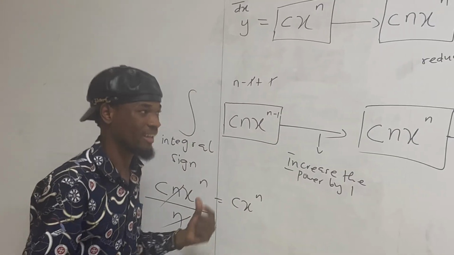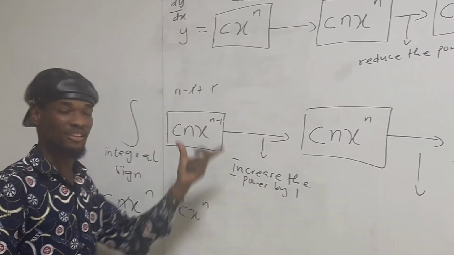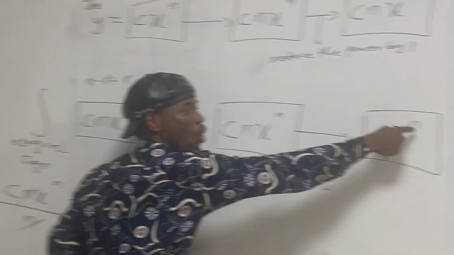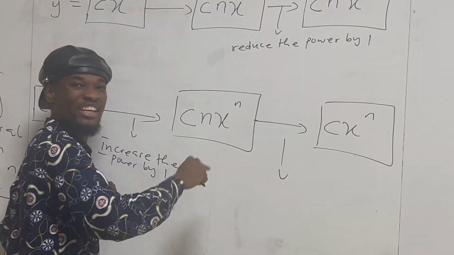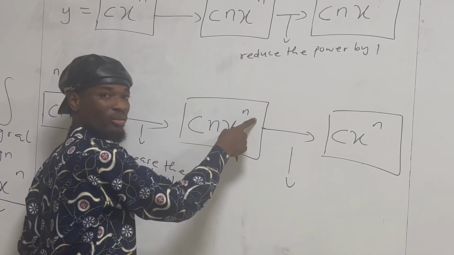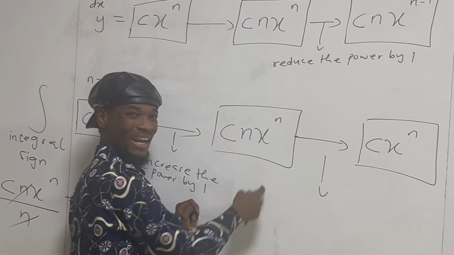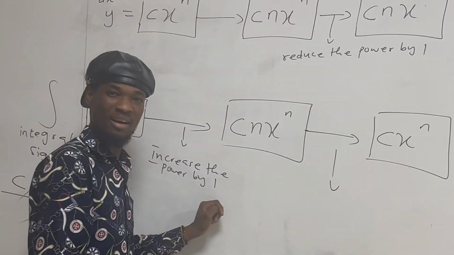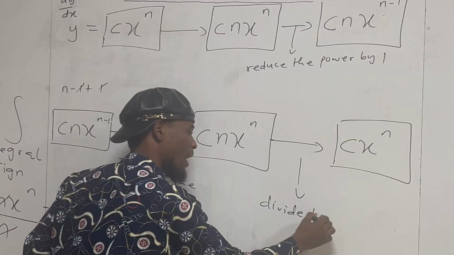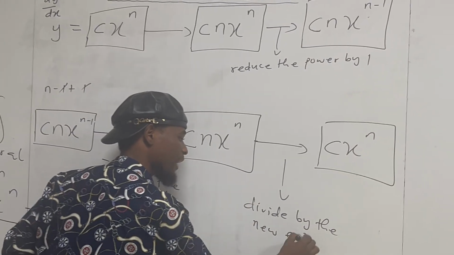What does it imply? It means for integration, we will divide the whole expression by the new exponent. Here the exponent was n. So when you divide this whole expression by n, you get the final answer. So here we say divide by the new exponent.